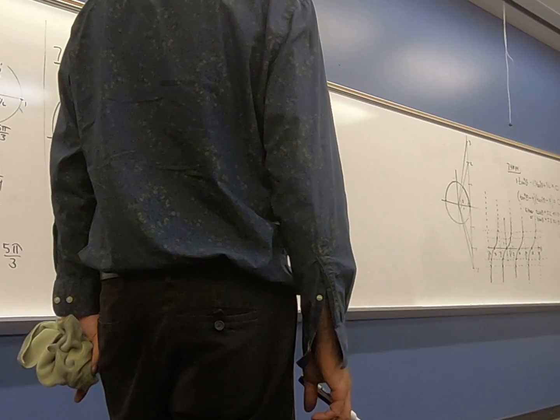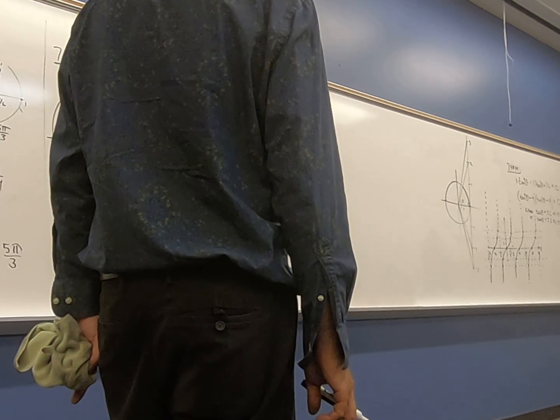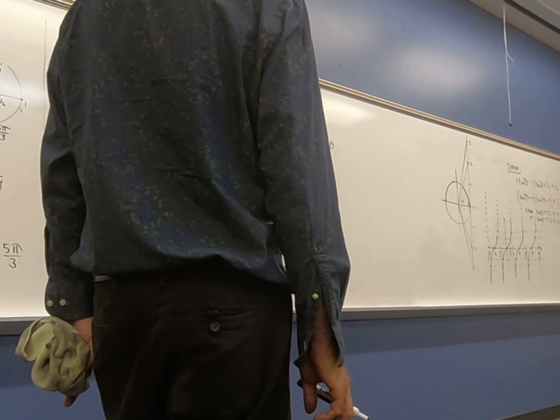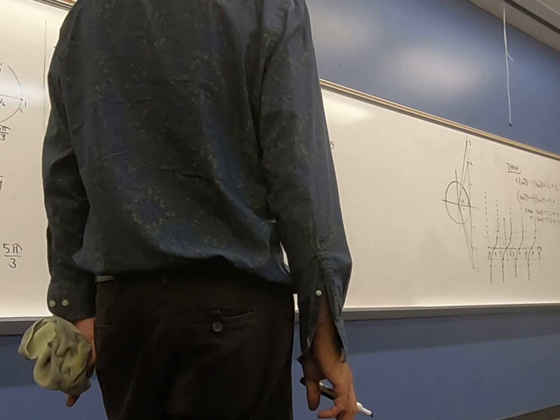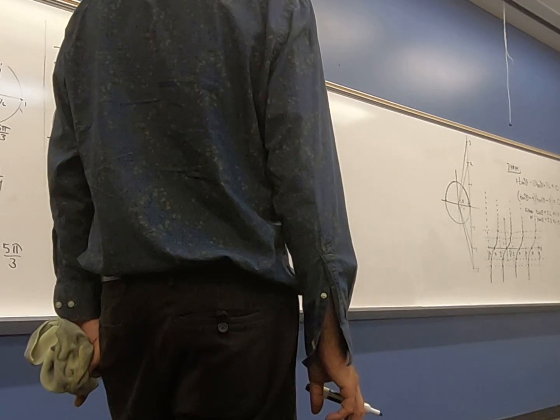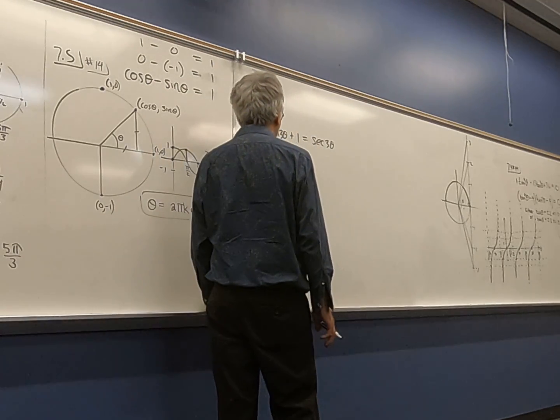We want to get this in terms of one trig function, right? And how can we do that? Well, you can write in terms of sine and cosine, but you're going to have the same problem.